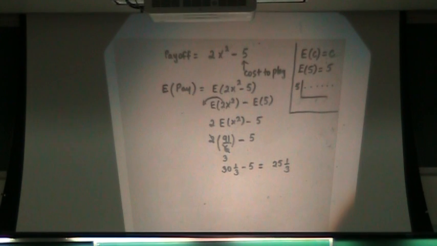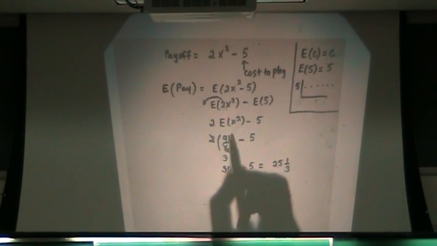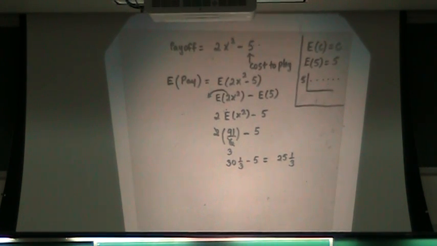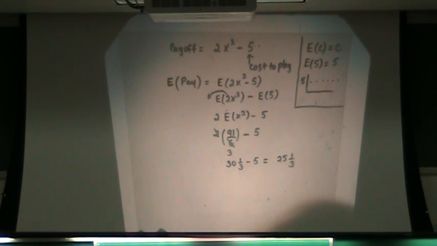What if you hadn't already found E of x squared? Then how would you do this problem? See, this was very convenient for me because I had already found this value, right? What if I hadn't found that value? Then what would I have had to do? Do you understand the question?